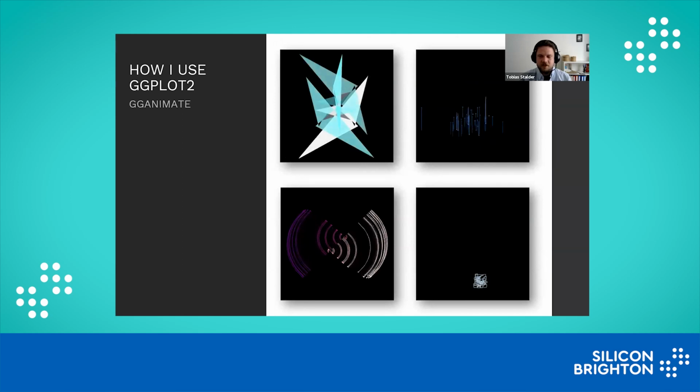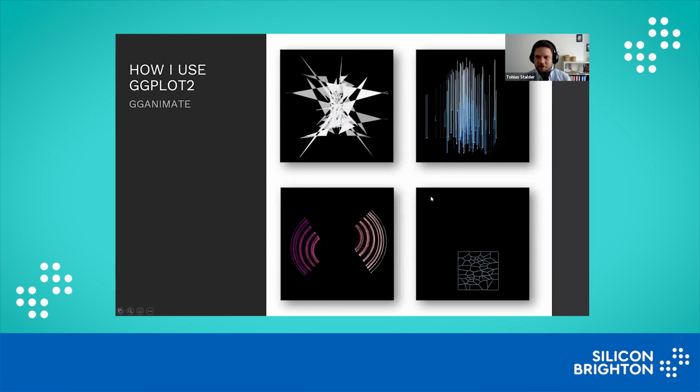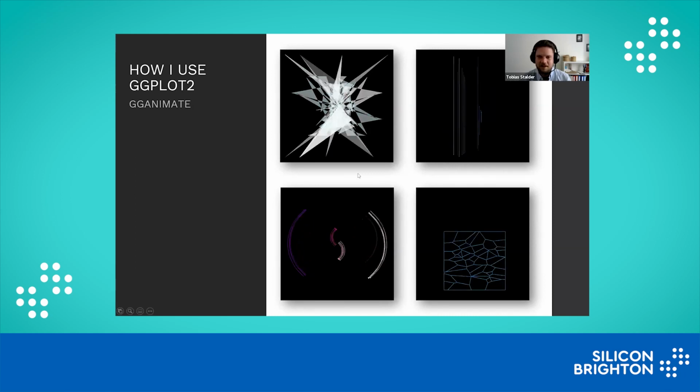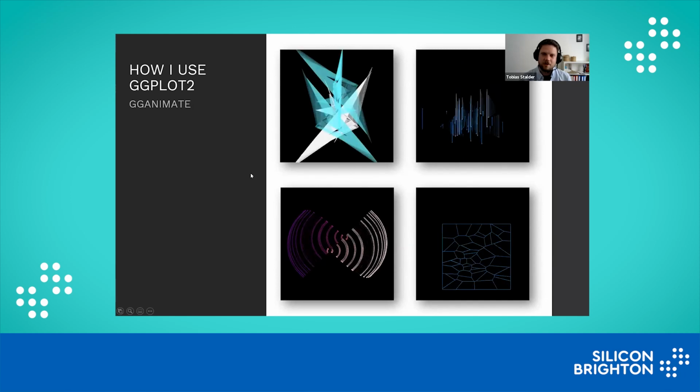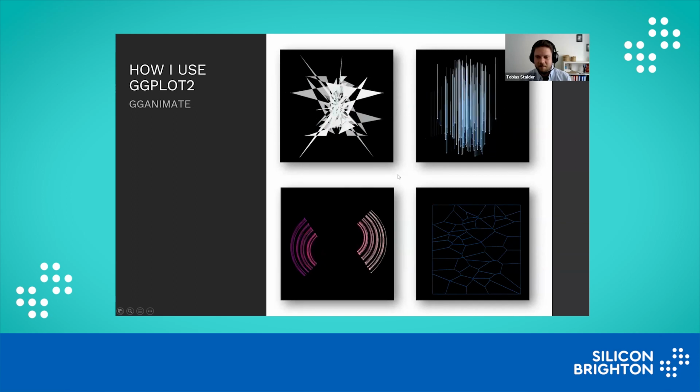I also got into gganimate some time ago. So what you see here are just 4 GIFs. This is really just for fun and getting into this whole animation system and wrapping my head around how data behaves, like on a time scale and on an animation scale.